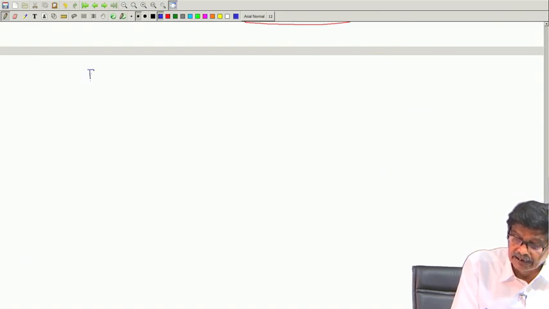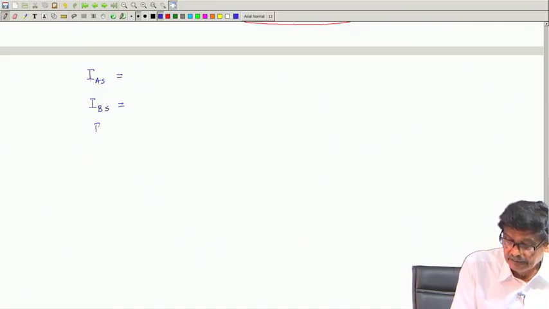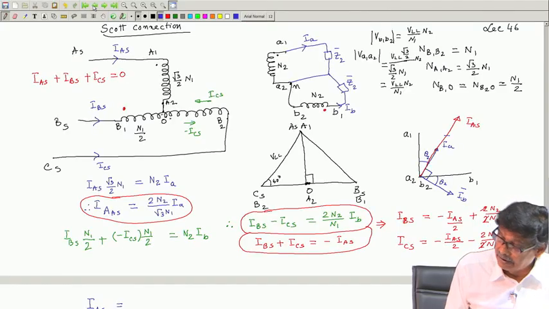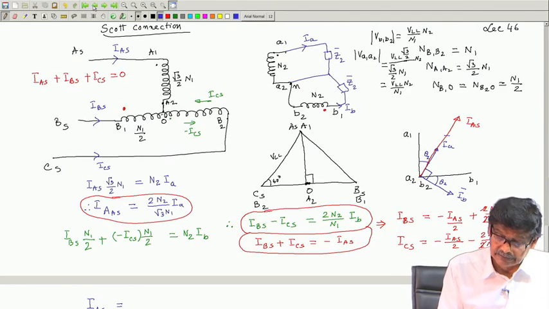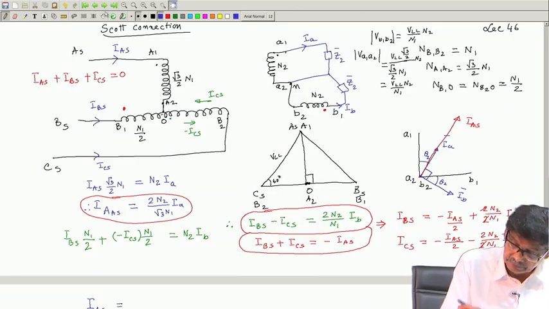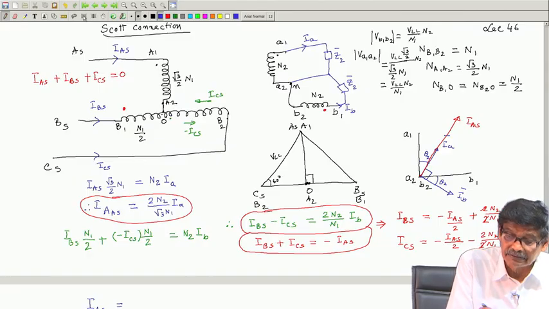We got I A S, I B S and I C S. I A S is 2 N 2 by root 3 N 1, that is this one. I am copying and putting it.